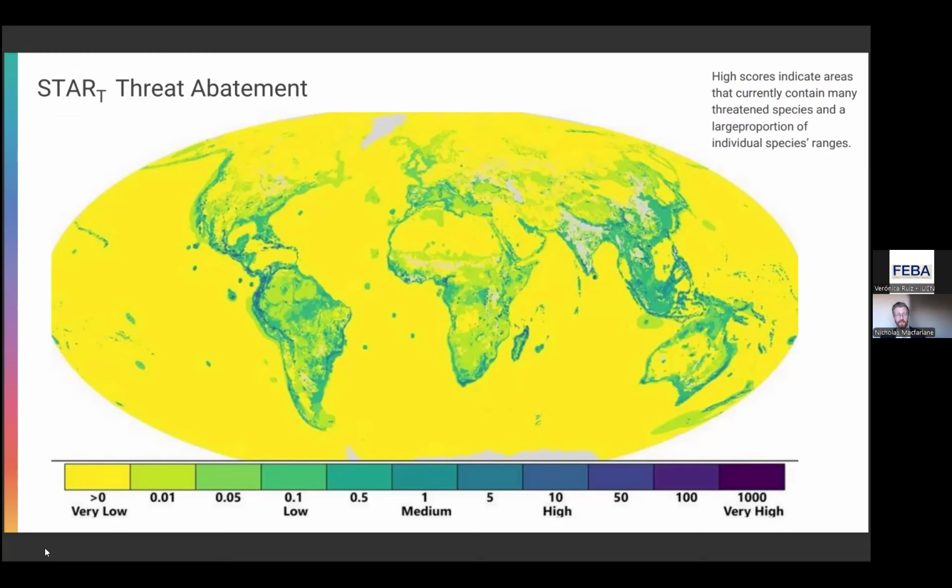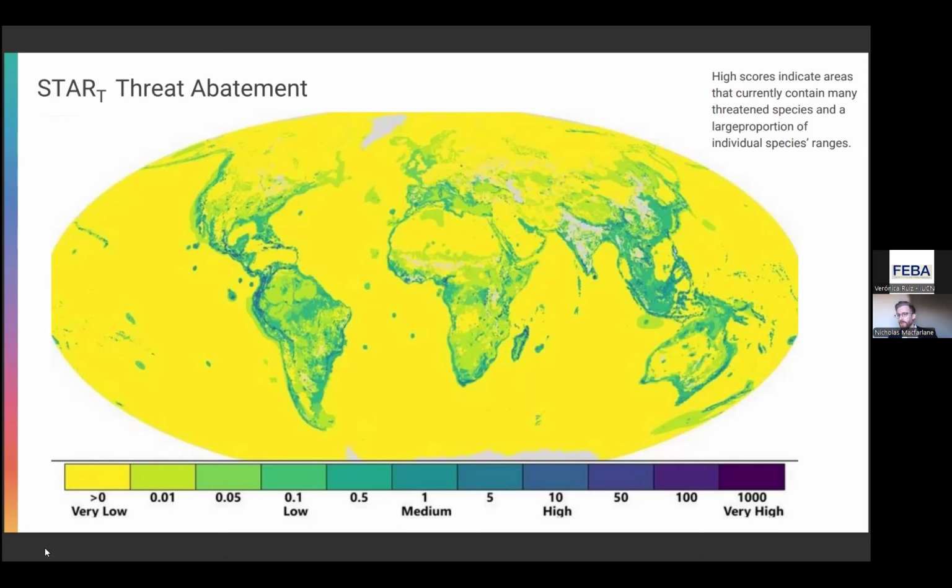Because one of the things about how the metric values biodiversity is every species is valued the same. Those are tropical mountains or islands that often have high STAR threat abatement scores, meaning that actions in those places will have relatively high impact on reducing global species extinction risk.